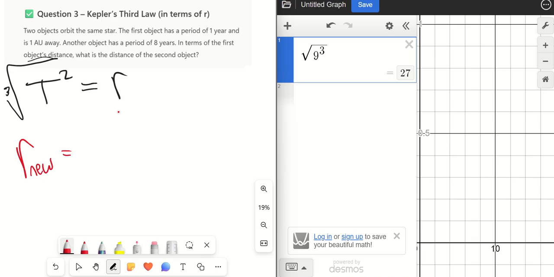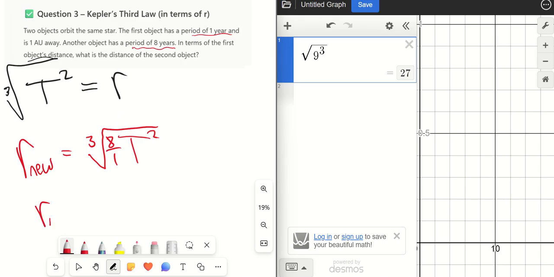and this is going to be equal to, I've got to plug in my changes, so the cube root of T squared, but I have a number that I'm going to attach to it. Another object has a period of 8 years, and it used to be 1 year. So this is going to be 8 over 1. Again, just like I did last time, I'm going to pull out all those numbers that I just wrote down.